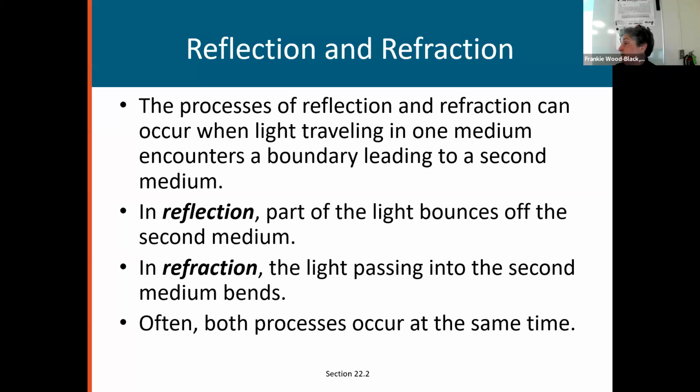Luckily for us, in our physics class right now, we're not going to worry about that intensity. We're just wanting to know where the beams are going to go and how the beams are going to shift. We do want to know about intensity if we get to critical angles, but right now we're not going to play with that intensity so much.